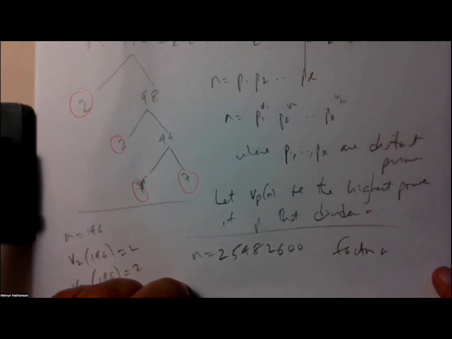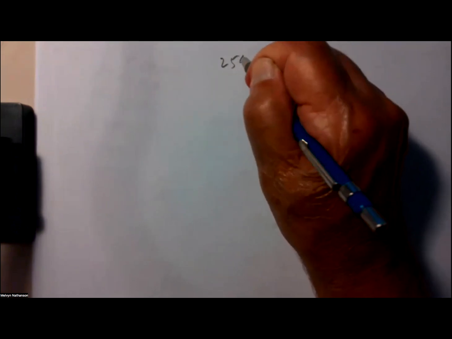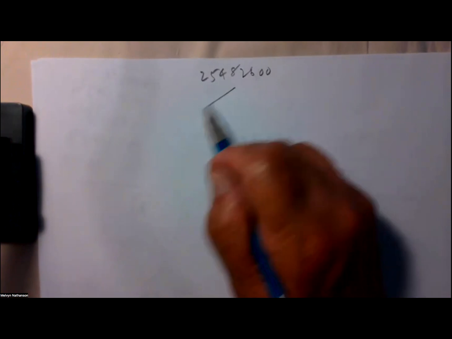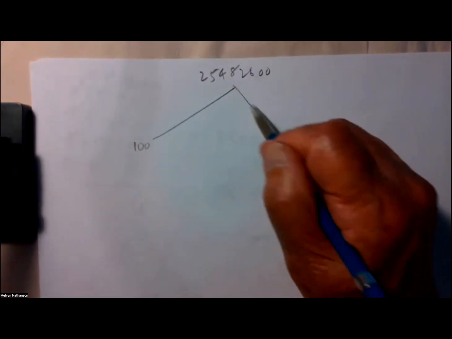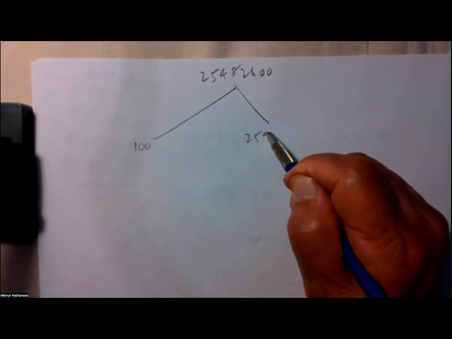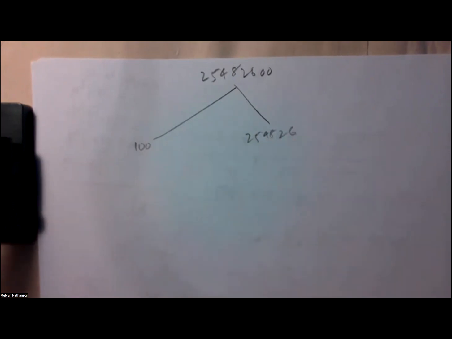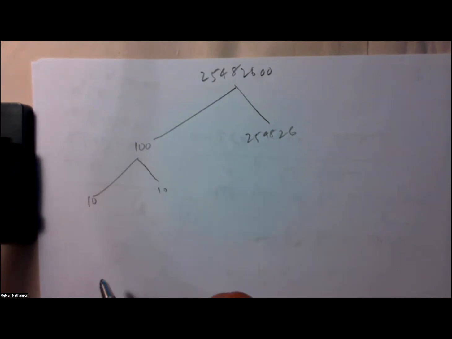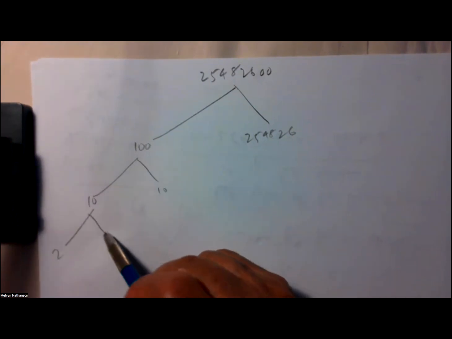So the number was 25482600. I'll try and do a factor tree. This is clearly divisible by 100. So this is 100 times 254826. And 100 is 10 times 10, and 10 is 2 times 5.